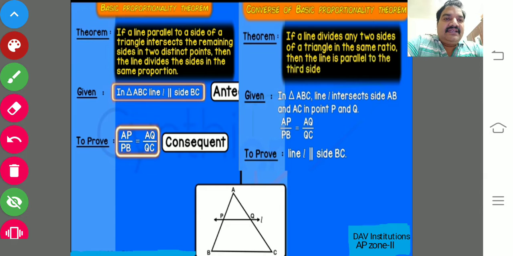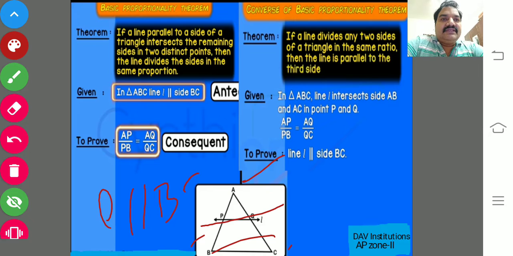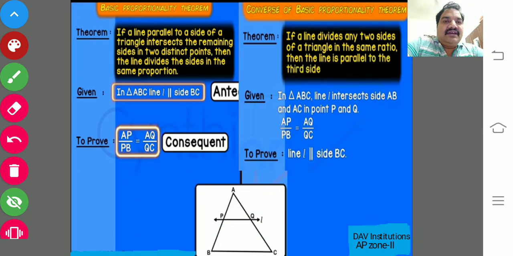In any triangle ABC, if L is parallel to BC, the result we get is AP by PB equals AQ by QC. That is the BPT theorem.